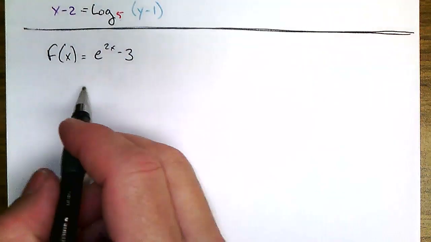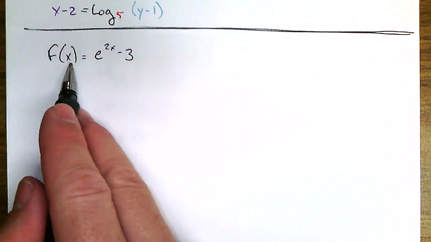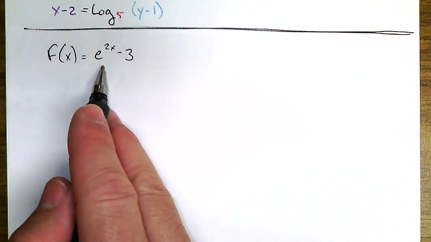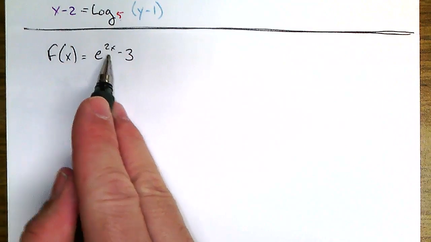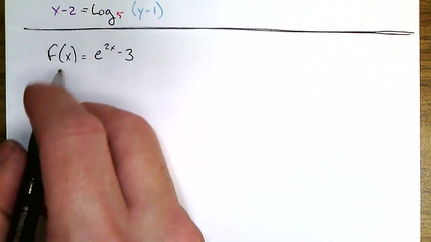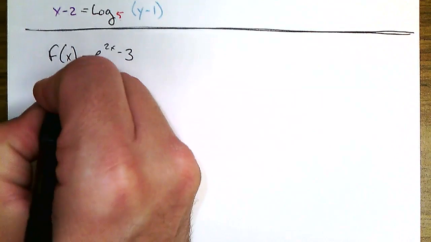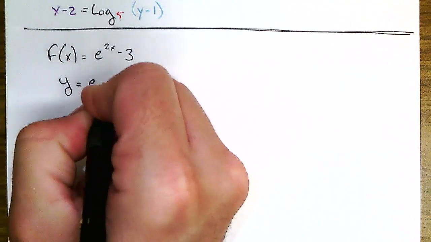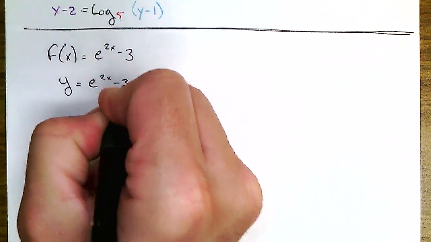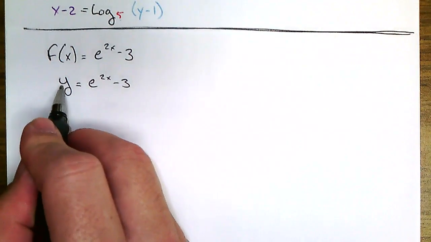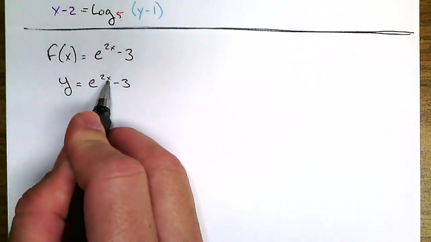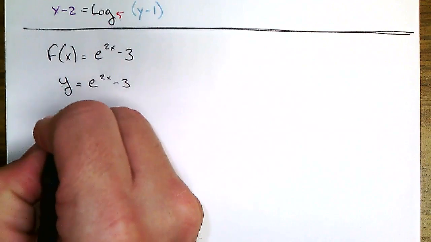Okay, let's take a look at another example, this time finding the inverse of an exponential function. In this case, we have f of x equals e to the 2x minus 3. First step, I'm going to write this as y equals e to the 2x minus 3. Then I'm going to swap my y and my x to start the process of finding the inverse.